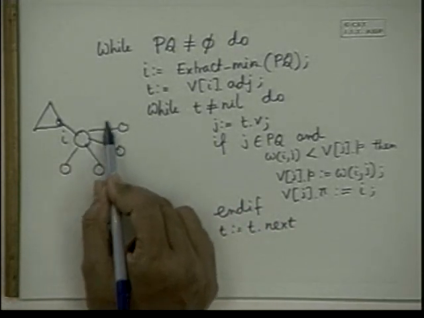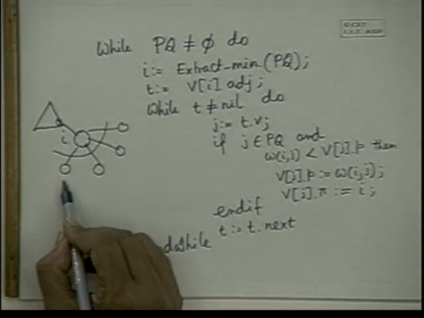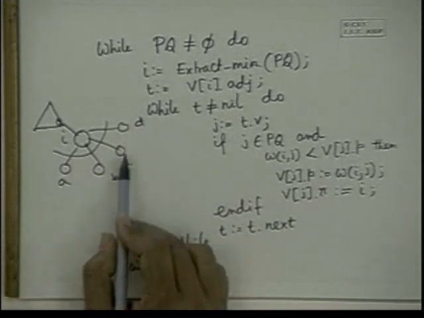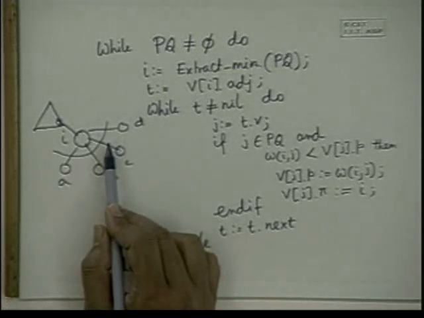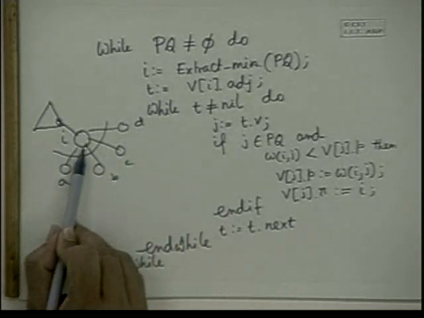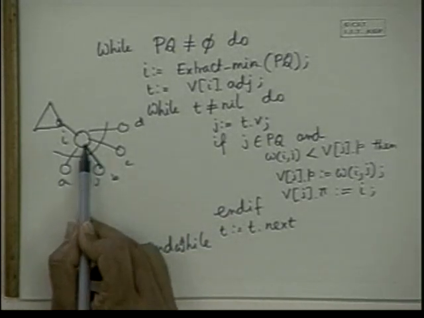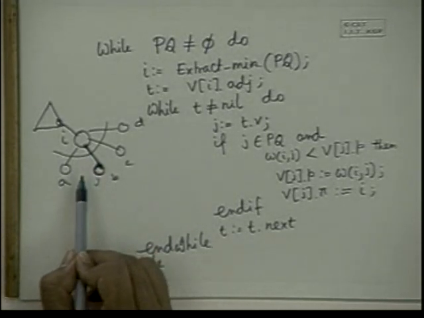These are not yet in the minimum spanning tree. So these are, say, A, B, C, D. Previously they had already some priority, we don't know. But now it is checking whether, suppose this is the j, this edge has a weight which is less than the priority it has already got.